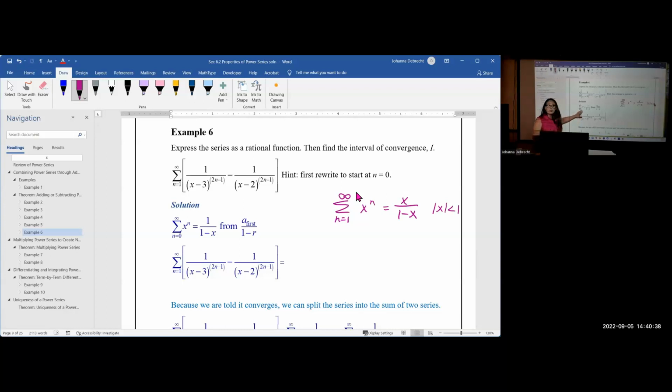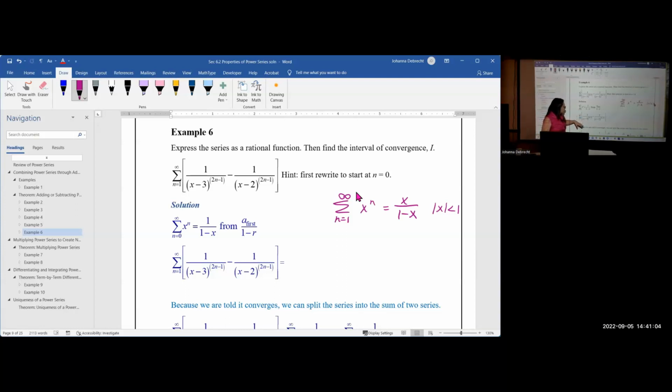I decided to move it back to n equals 0 so that I could have 1 in the numerator and not x. Because these looked complicated enough, I was afraid it would get really complicated if I tried to use this form. And in fact, it probably does. I haven't tried it, but my guess is the algebra gets pretty nasty. So I moved it back to 0.